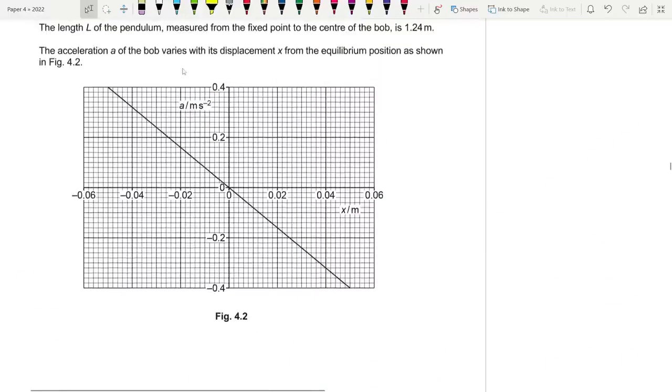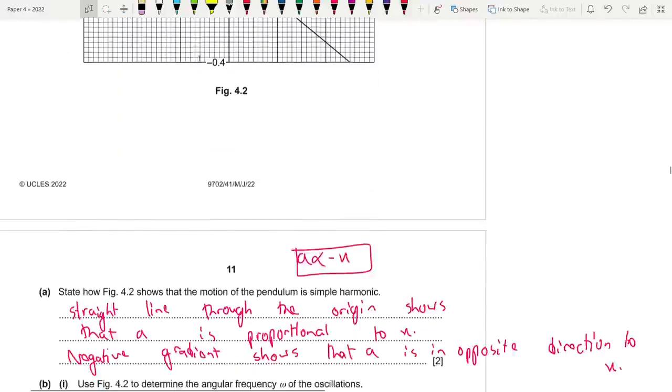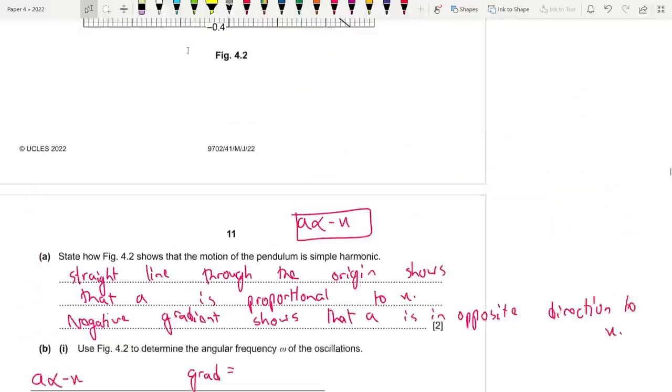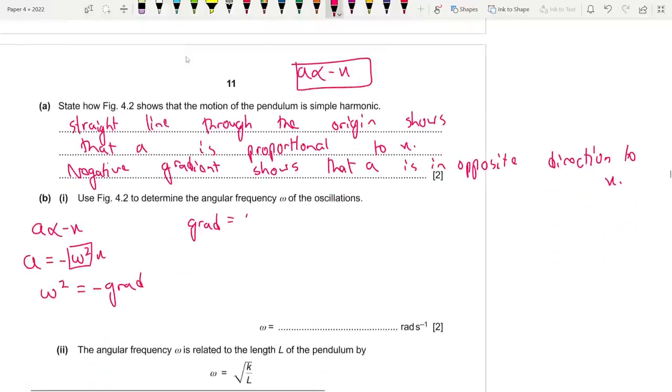So let's use these points. For example, we can use 0.05 and 0.4. So the gradient equals 0.40 divided by 0.050.